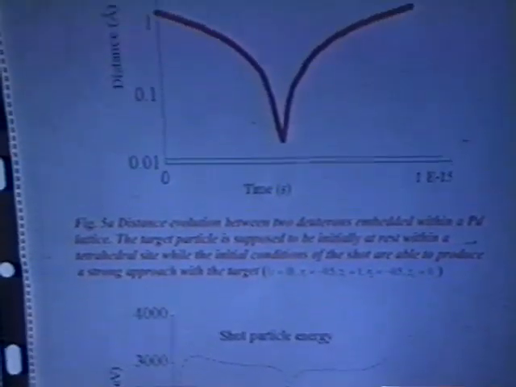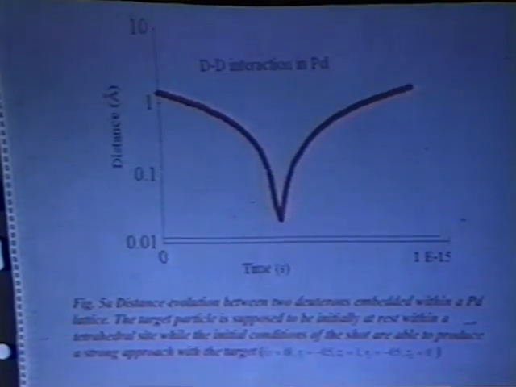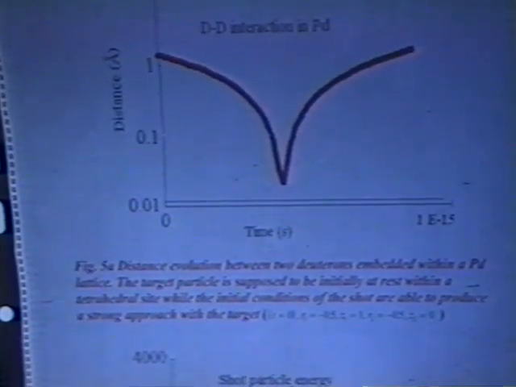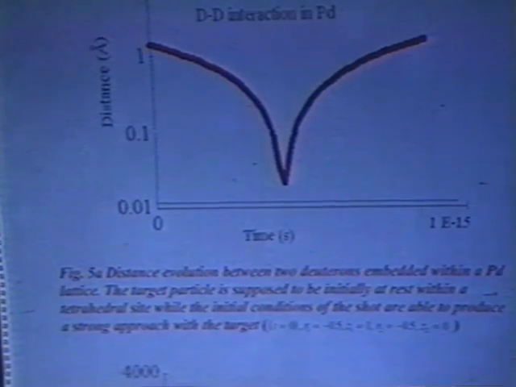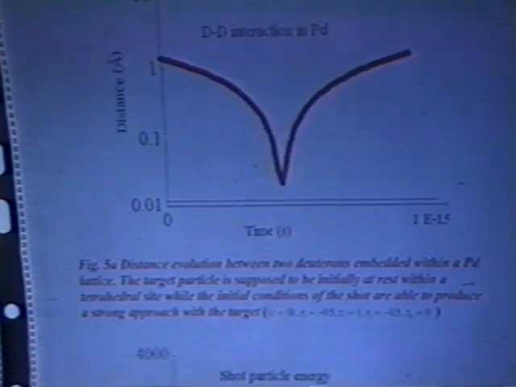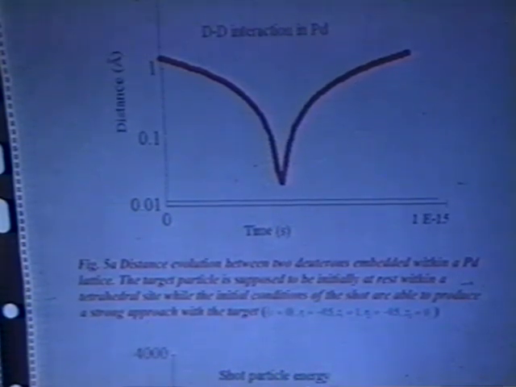So if we have a particle staying in the tetrahedral site, and another one arriving from the outside at thermal energy because of the diffusive process, we can see that with proper bound initial condition, we have a strong approaching up to 10 to the minus 2 angstrom, and the particles gain about 3 keV of energy from the trap.